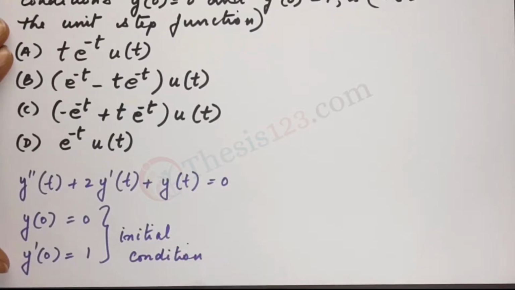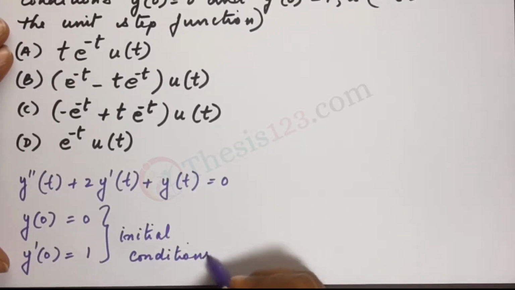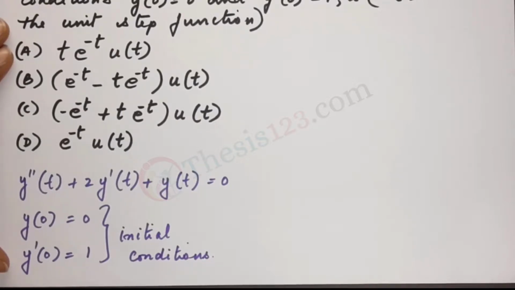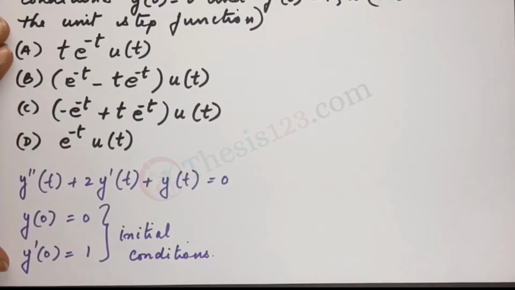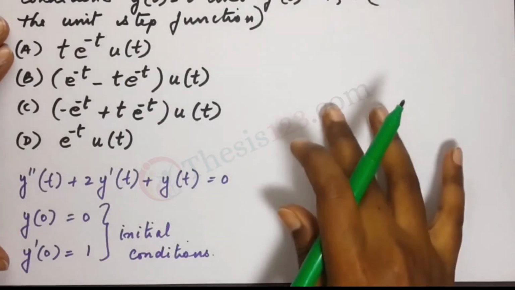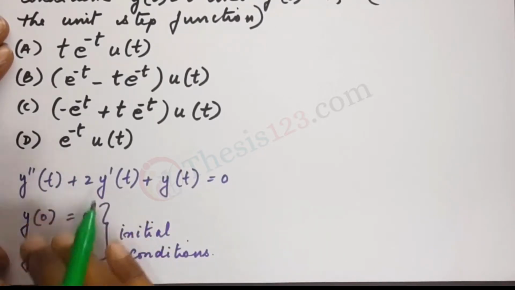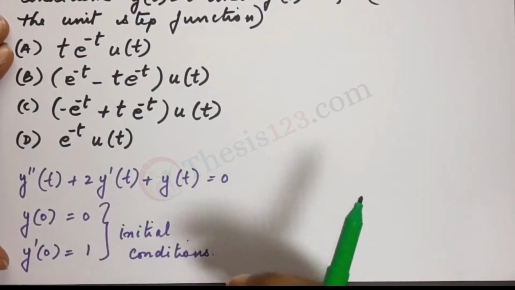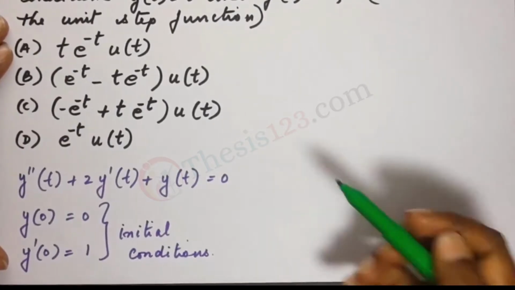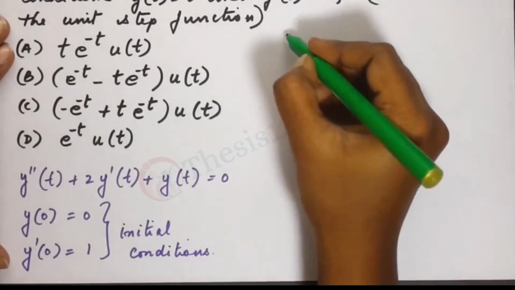A very good way of solving this differential equation is to use Laplace transforms. To use Laplace transform, it is important that we know our formulas. We'll first use Laplace transform to convert this into the s domain and then use inverse Laplace to bring it back in terms of the exponential function.